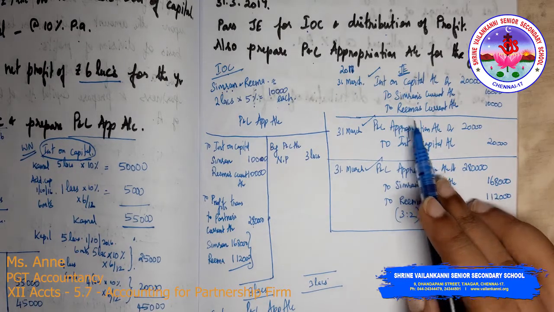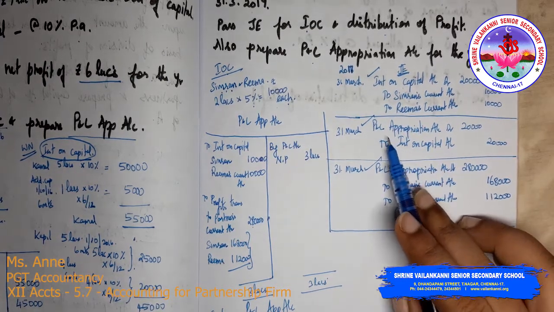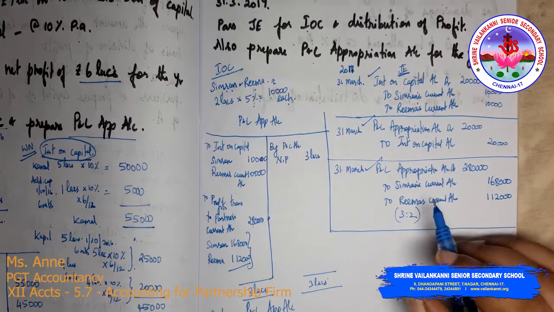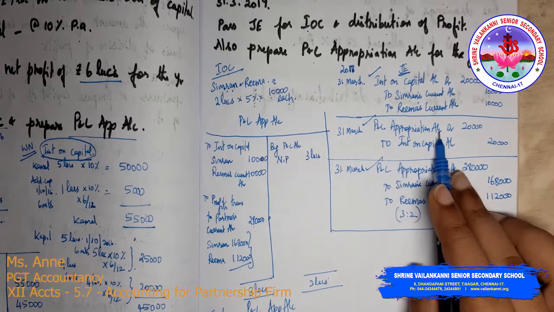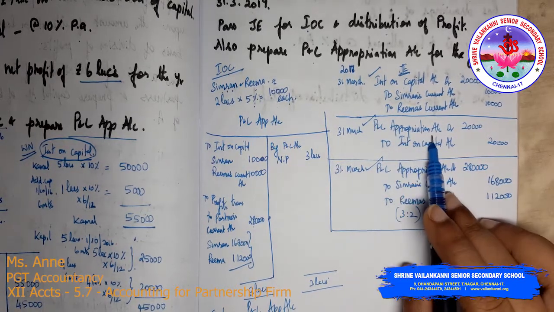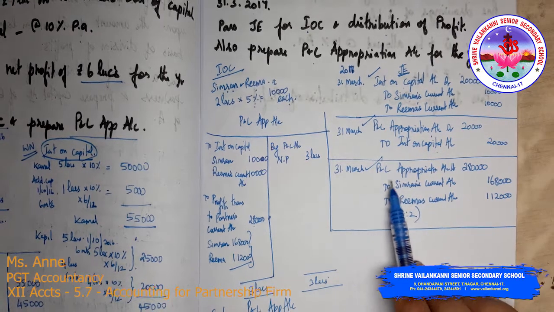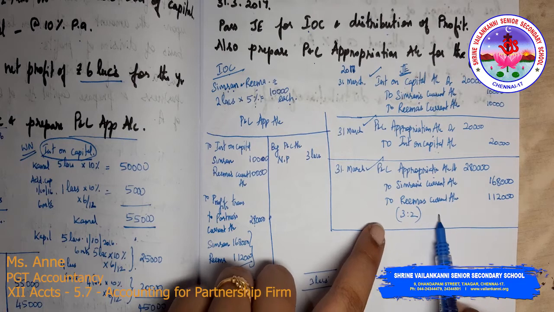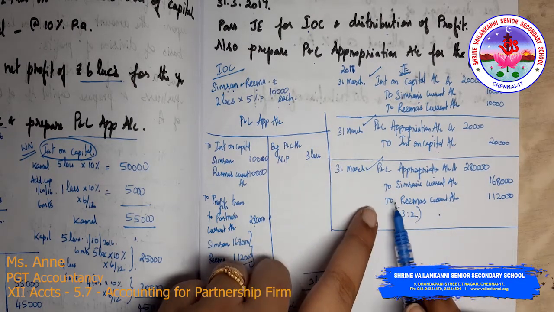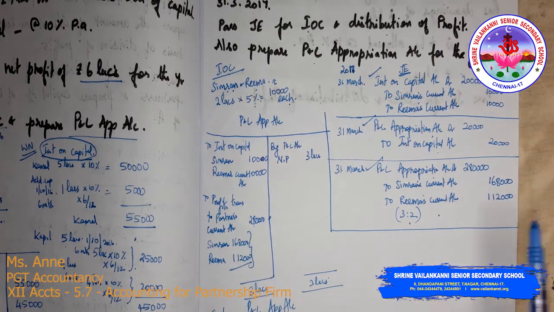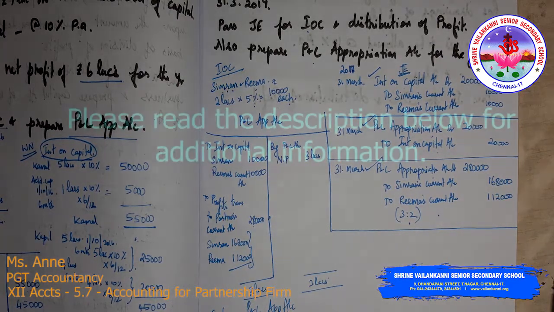So you can write the narration like this: P&L appropriation account, interest on capital is being apportioned from the profits, and after this you can just show this apportionment. This is the final profit being apportioned among the partners in the profit sharing ratio. You can show it like this. So I'll see you in the next video. Thank you, class.